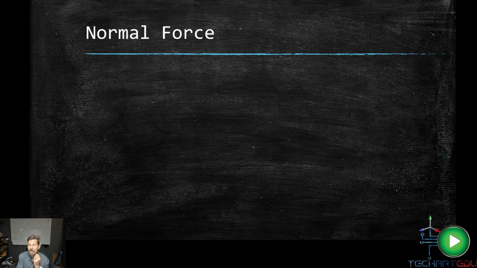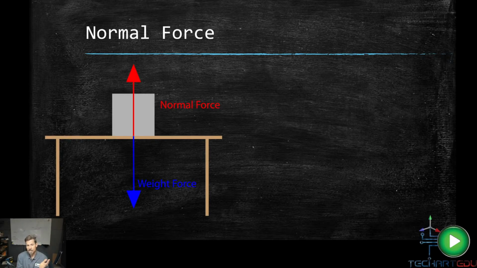Okay, what are then normal forces? Normal forces are the forces that a surface pushes against an object that opposes gravity. All right, so remember that the Earth is sucking you, trying to get into the center of the Earth, right?